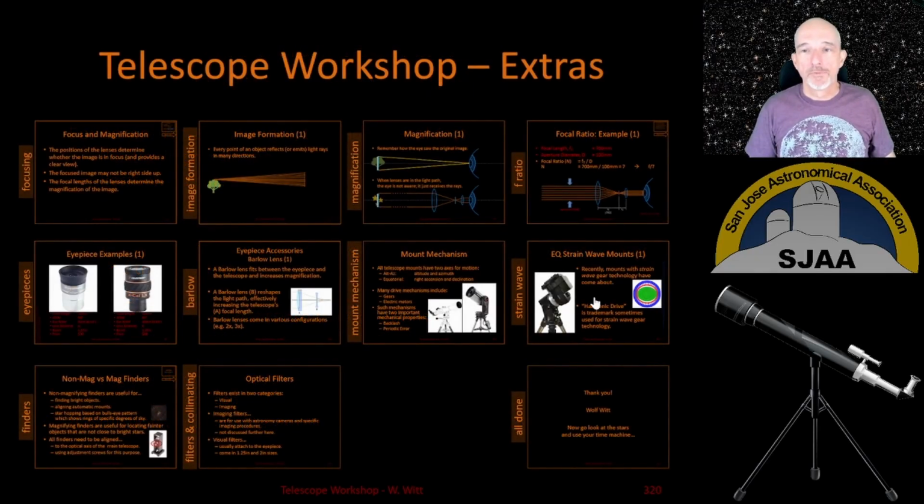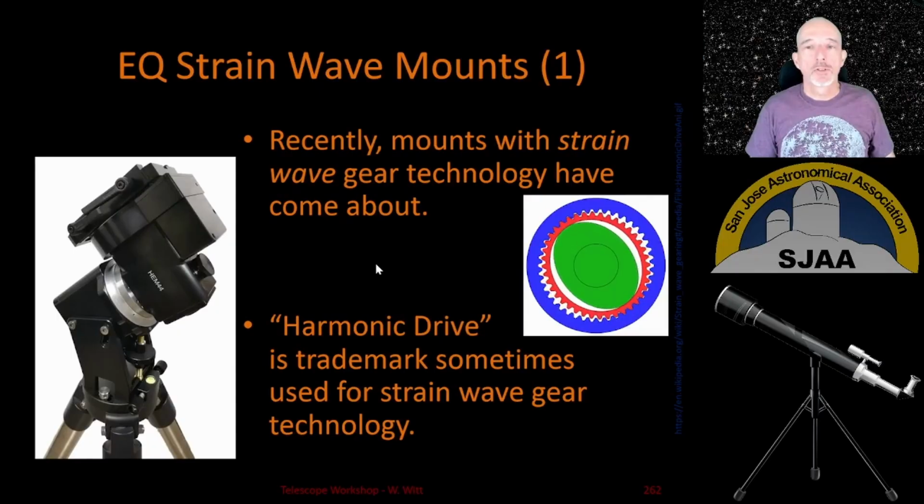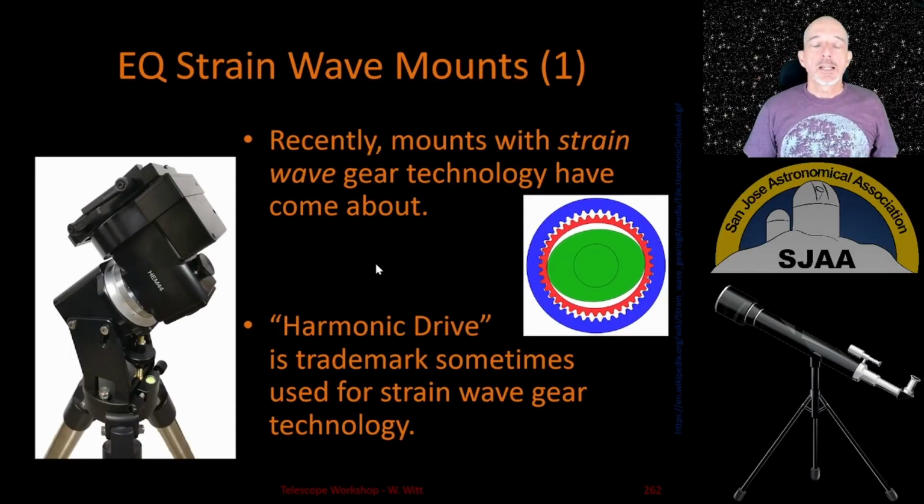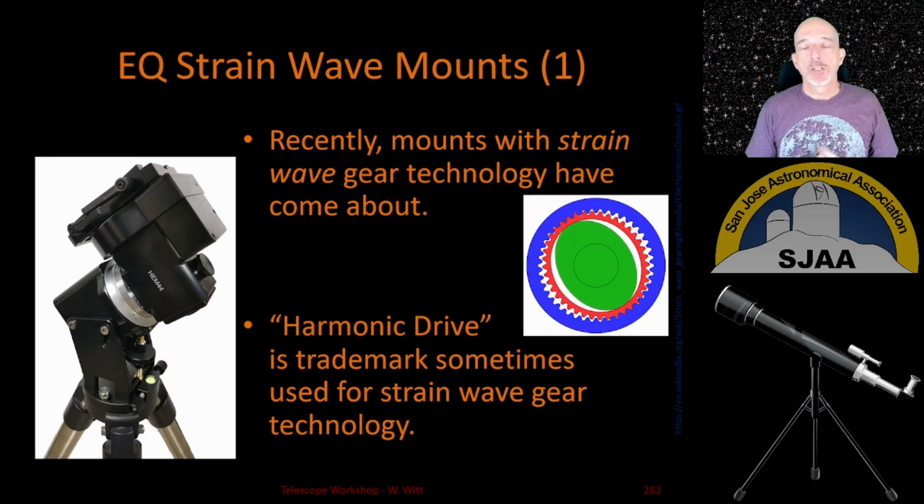Okay, let's jump forward to strain wave mounts. So these are a category of often equatorial mounts, but sometimes you can also find alt-az mounts that use this technology. And it's really not a new technology, but it's new to the astronomy consumer market. And here's an example of how a strain wave gearing mechanism works. It's kind of a cool animation.